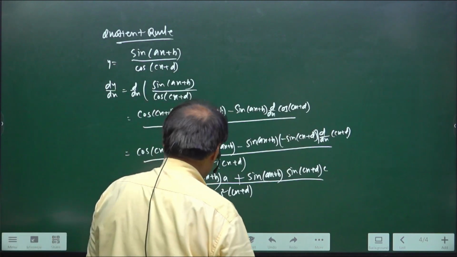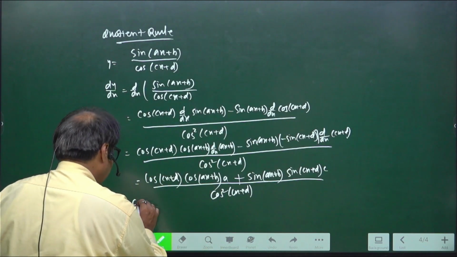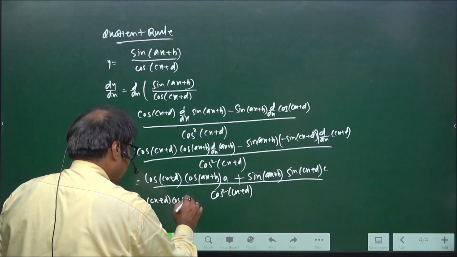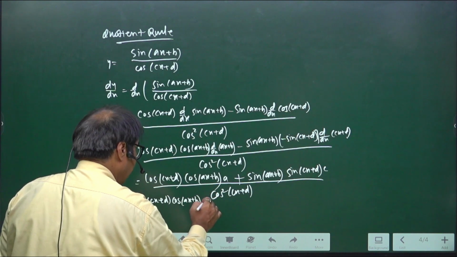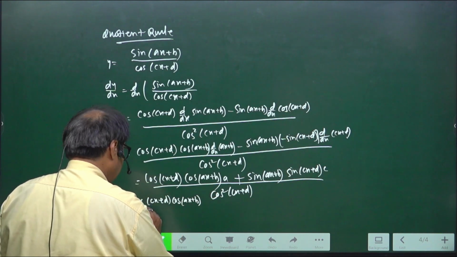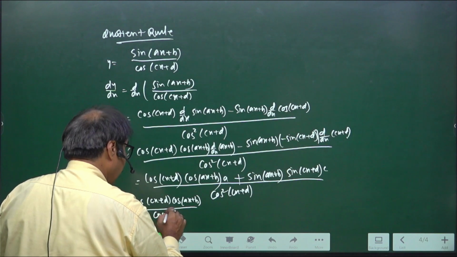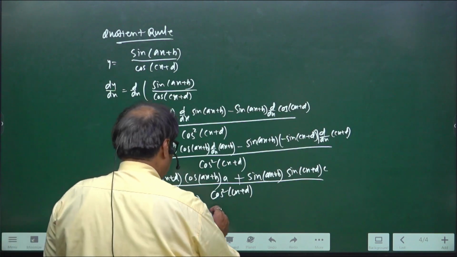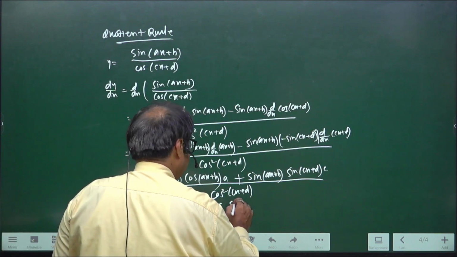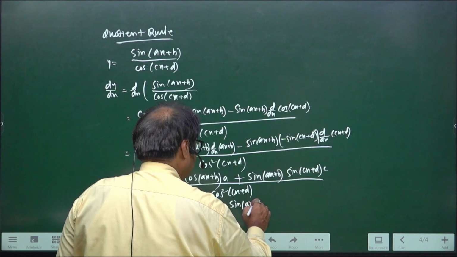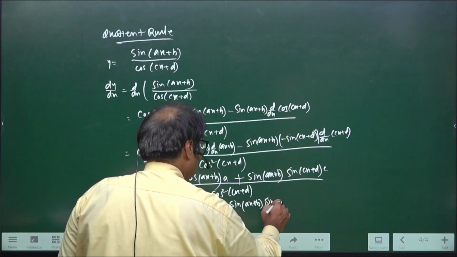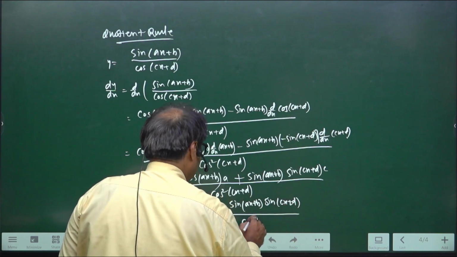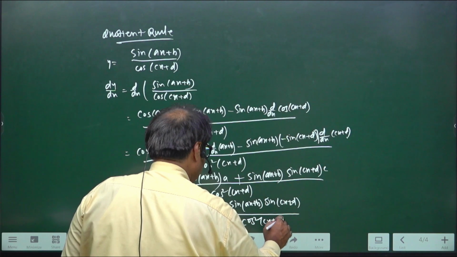Now apply the separation property. So by applying the separation property, this will be cos cx plus d into cos ax plus b and into a, divided by cos square cx plus d, and then plus c into sine of ax plus b into sine of cx plus d divided by cos square cx plus d.